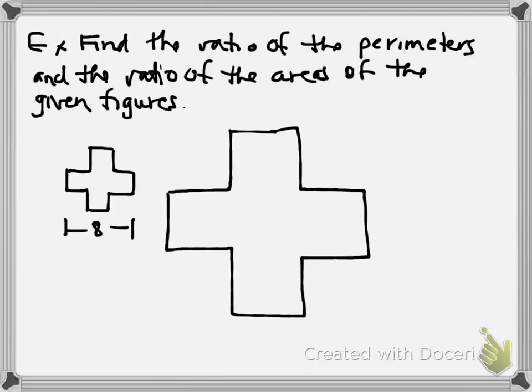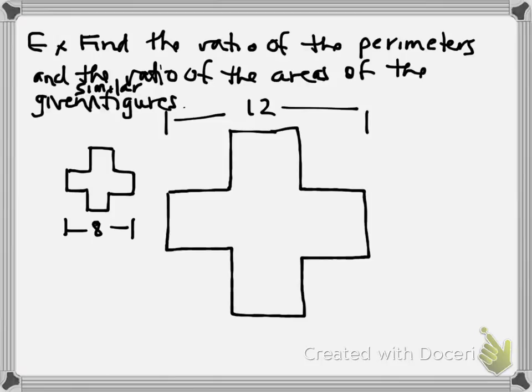And we're told the distance from here to here is 12. We should say the perimeter of the given, there should be an extra word here: similar. So these figures need to be, we have to know that they're similar in order to do this.